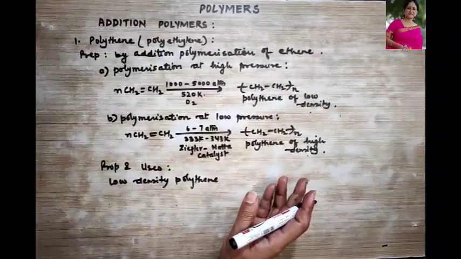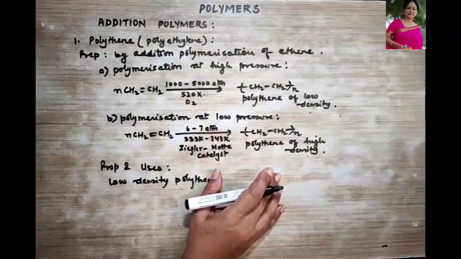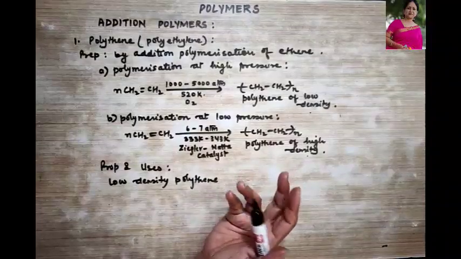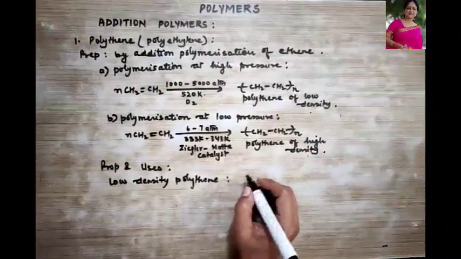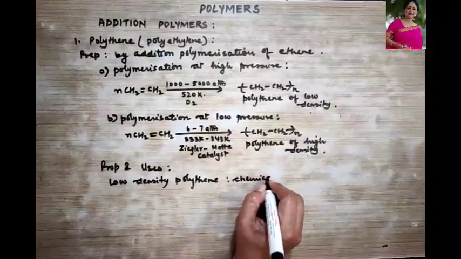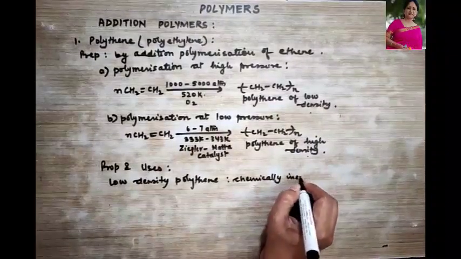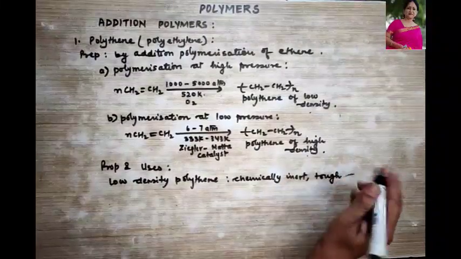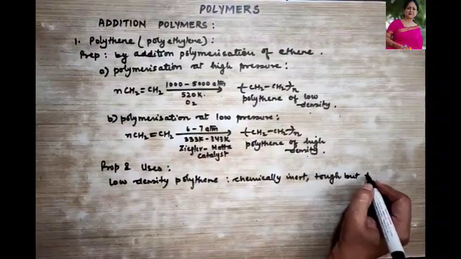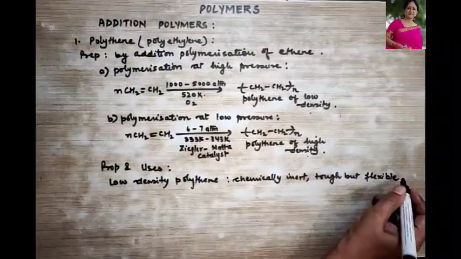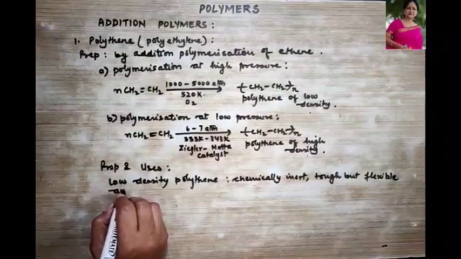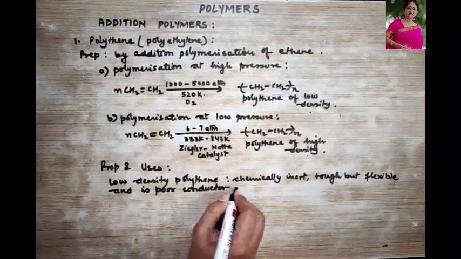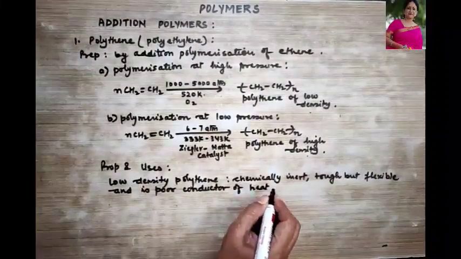It is a poor conductor of electricity, and it is generally used for packing films or molded toys, or also for the insulation of wires. So it is chemically inert, it is tough but it is flexible, and it is a poor conductor of heat.